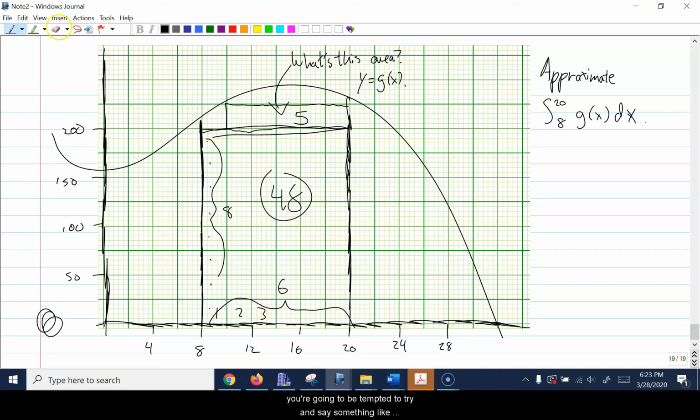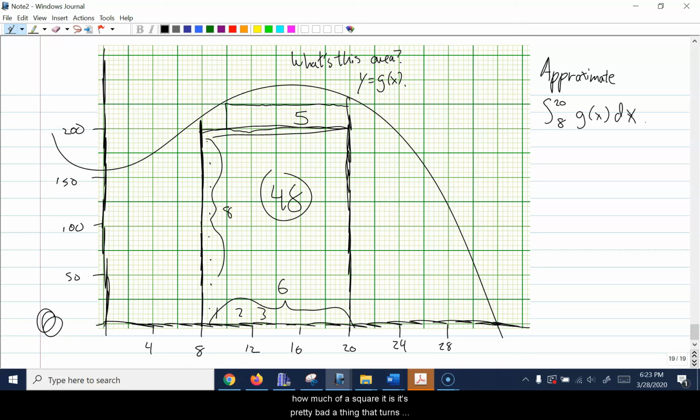Plus, and now here's the part where you fall into a trap. You're going to be tempted to say something like, well, this is most of a square, and this is a tiny little fragment of a square, and that's 2/3 of a square, and start adding these things up. Most of the time, the answer you get by trying to use your brain's estimate of how much of a square it is is pretty bad.